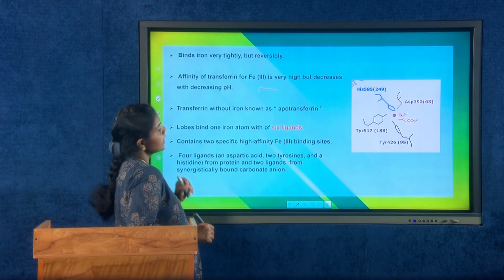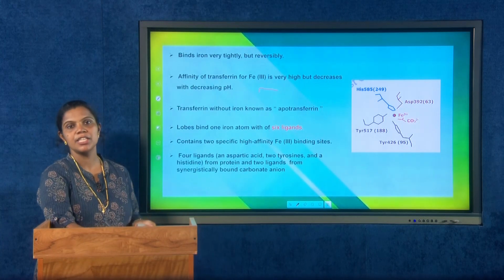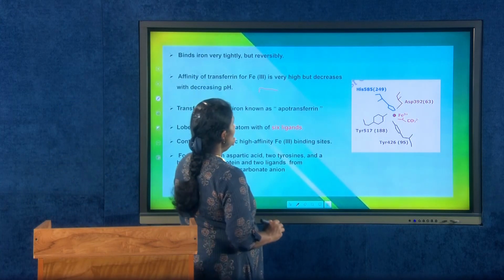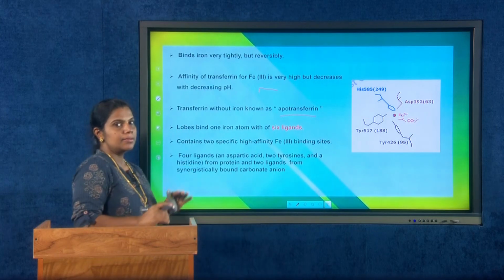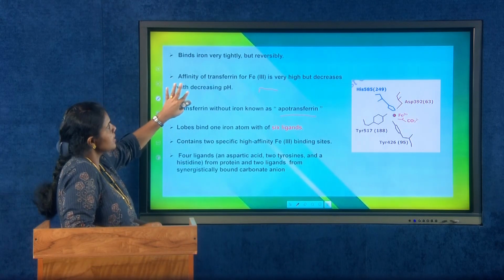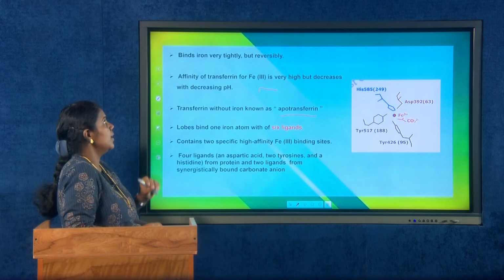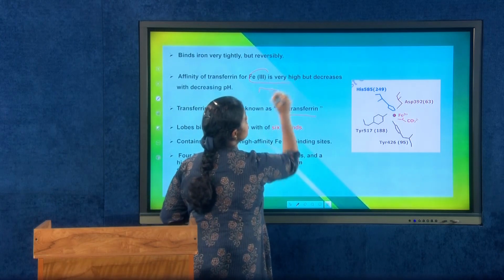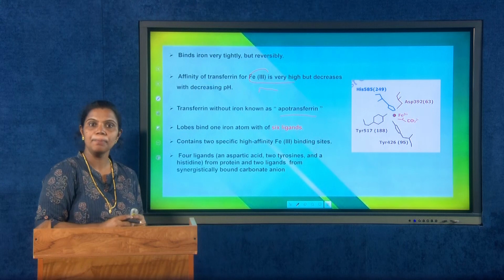Next, we are going to see the mechanism or the mode in which iron is transported by transferrin. Transferrin without iron is known as apotransferrin. The iron binding occurs very tightly but reversibly. The affinity of transferrin for Fe3+ is very high but decreases with decrease in pH.